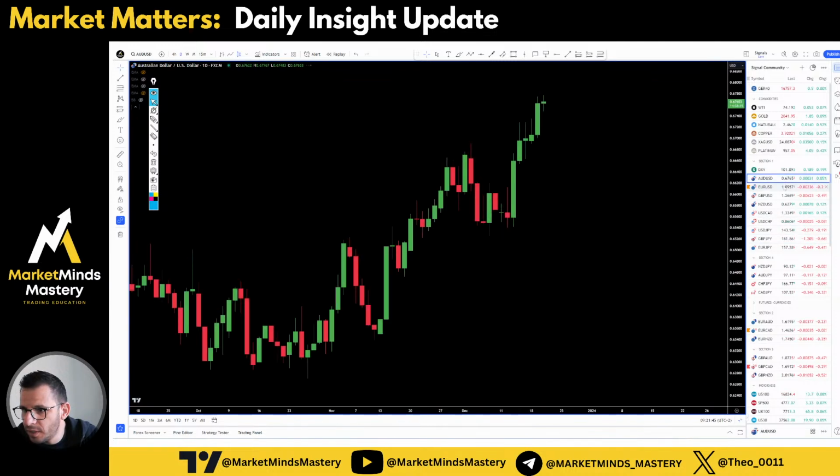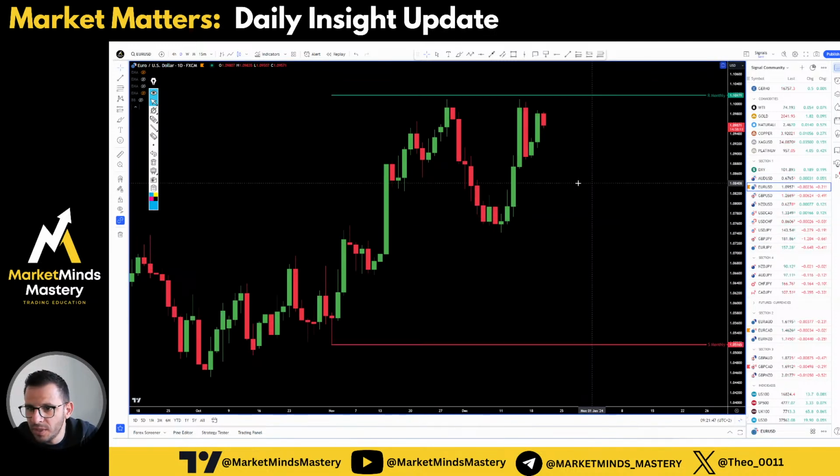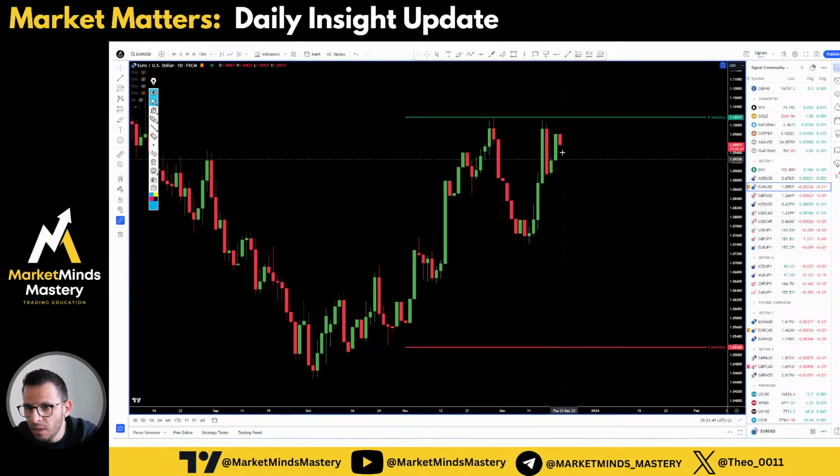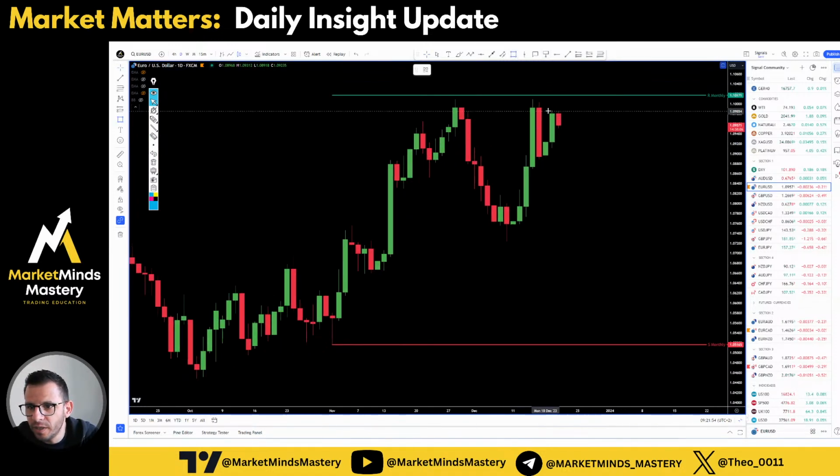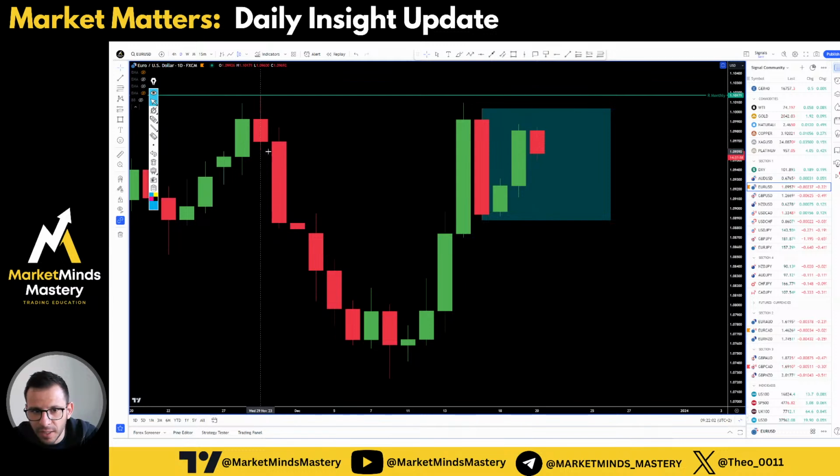And let's check the euro US dollar. Price still remains within the boundaries of this bearish candle, if you prefer a box like this. So look at this, yesterday price stays within this bearish candle.